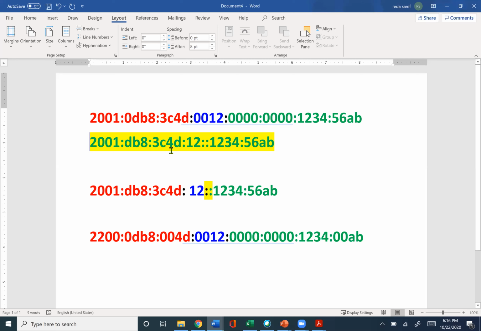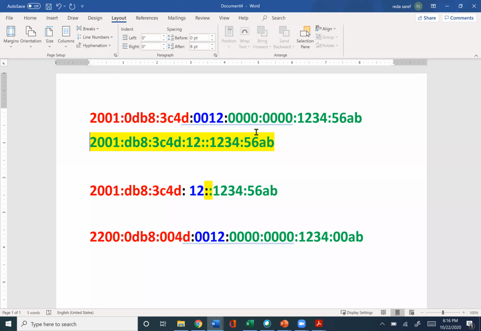Does that make sense, Isha? Okay, so basically 2001 stays, and after that, the leading zeros of every group, you take them off. And the prefix, you leave it where it says 2001.